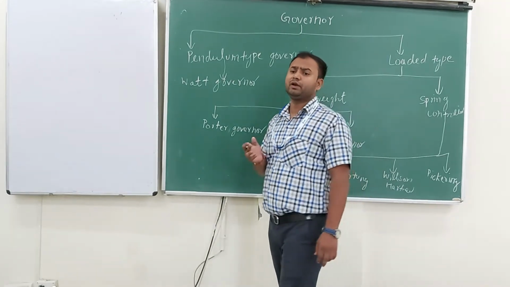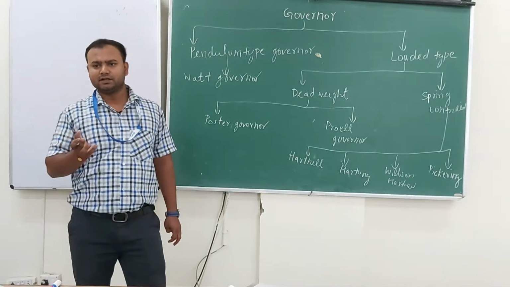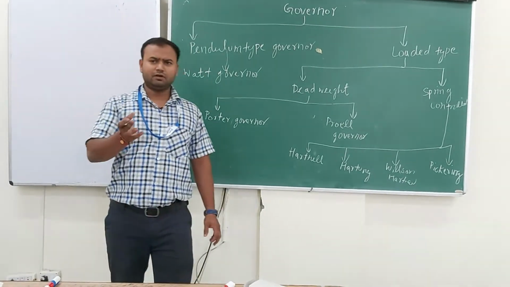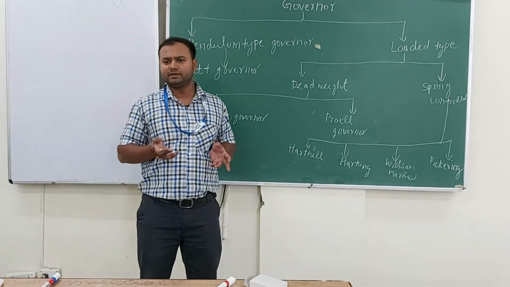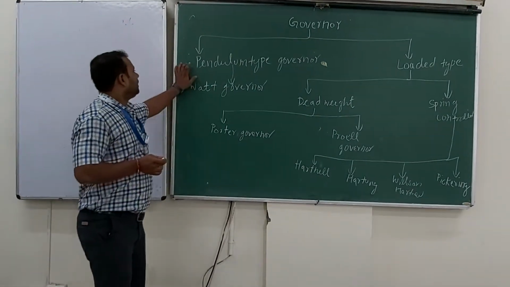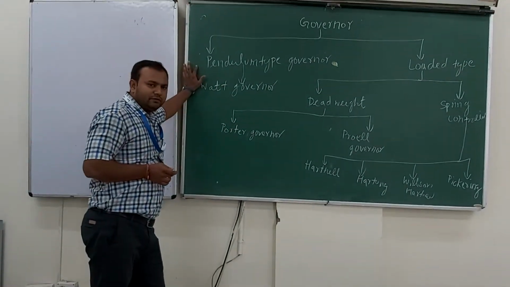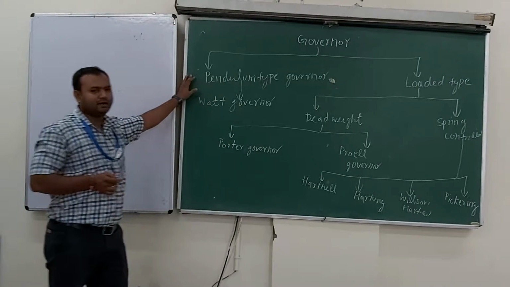We use an electronic control governor. In this we use proximity sensors that consider what kind of load is absorbed by the engine, etc. So first we introduce two kinds of governor: centrifugal governor and inertia governor. I am talking about only the centrifugal governor.